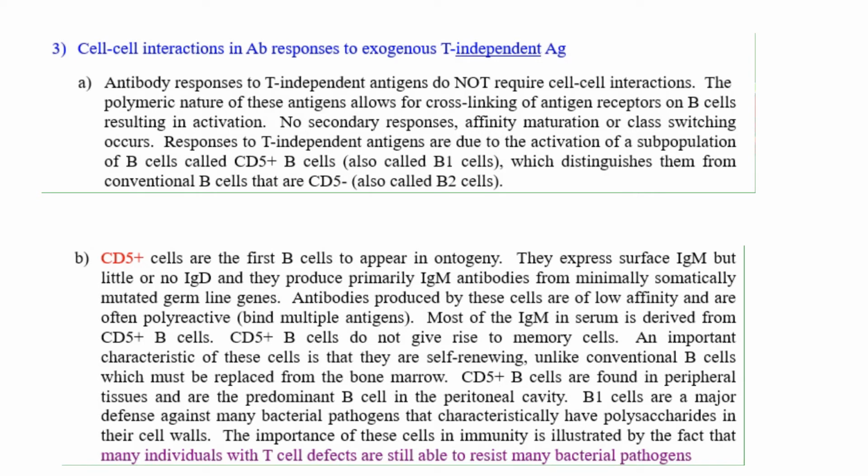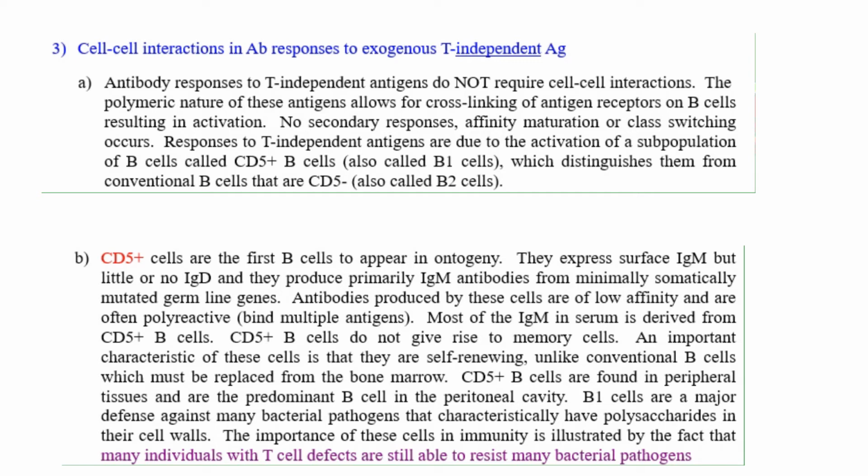These cells are the first B cells to appear in ontogeny. They express only surface IgM molecules without IgD molecules on their surface. They produce primary IgM antibodies from minimally somatically mutated germline genes.